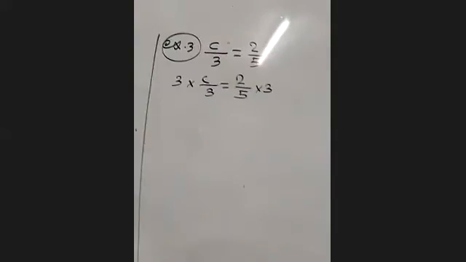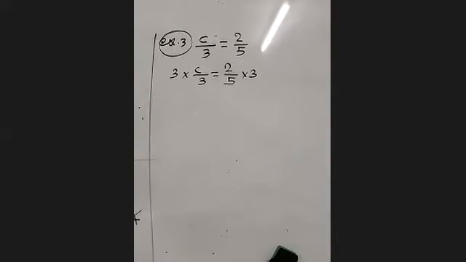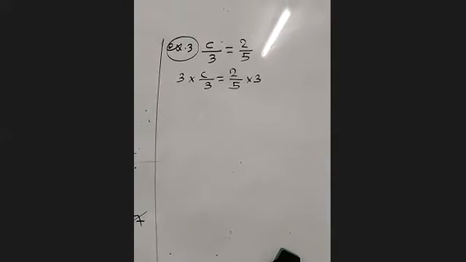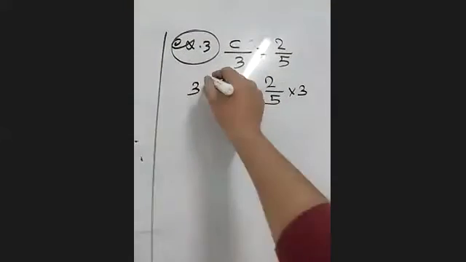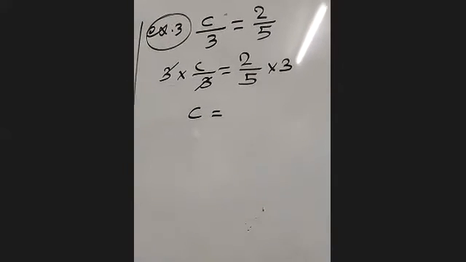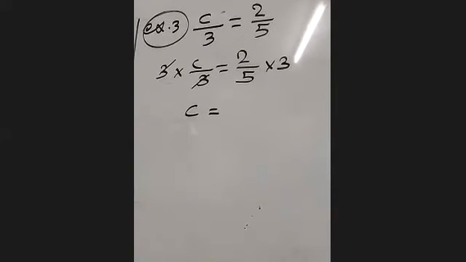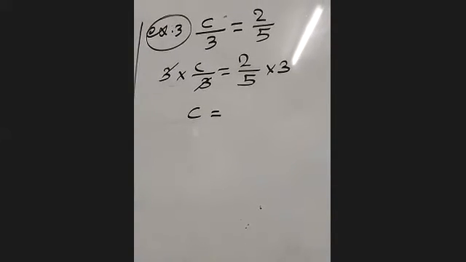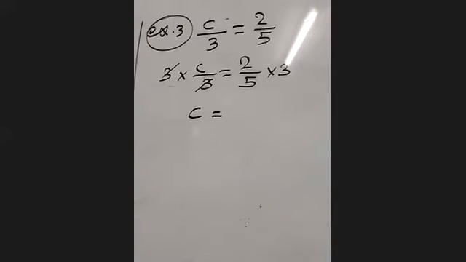Then c equals, the 3s are gone. c equals 3 times 2 over 5. Yalla, how much is 2 over 5 multiply 3?